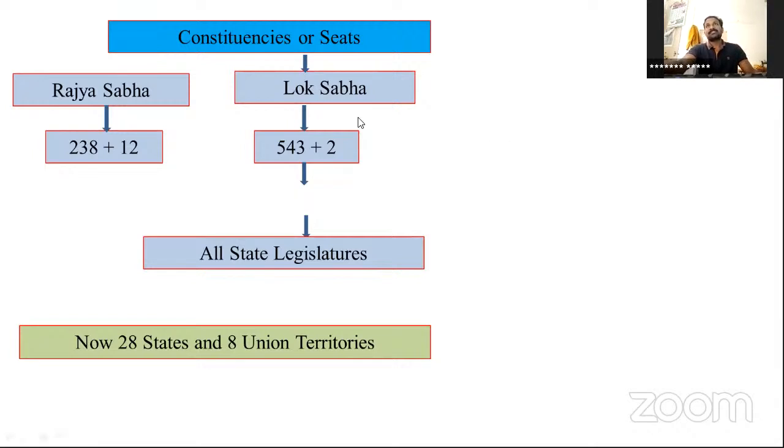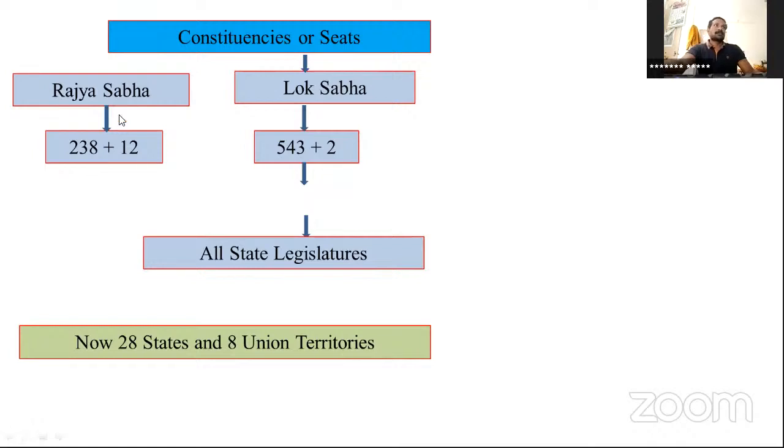According to our Indian Constitution, a maximum of 550 constituencies is permitted. But now only 543 constituencies are there, plus 2 nominated persons. At the same time, Rajya Sabha is 238 plus 12.